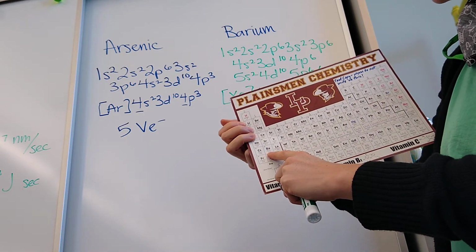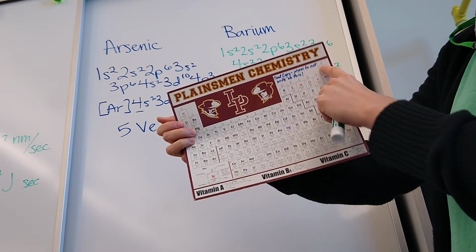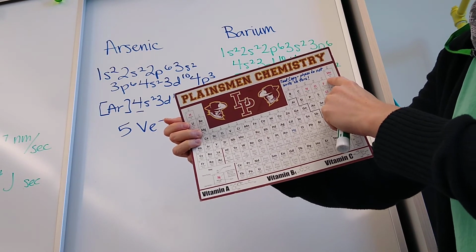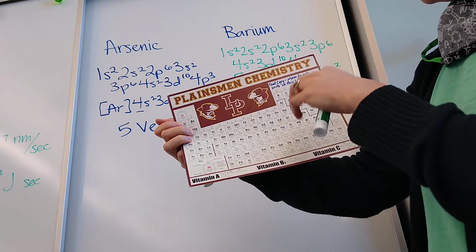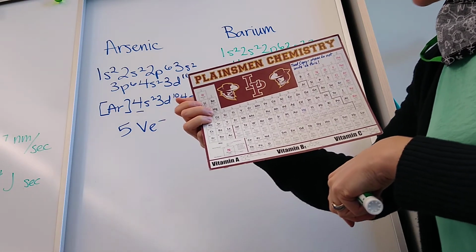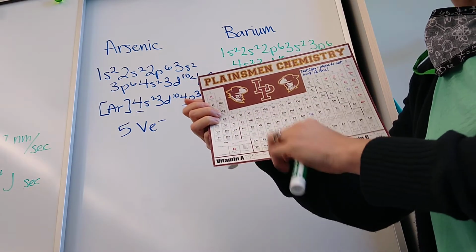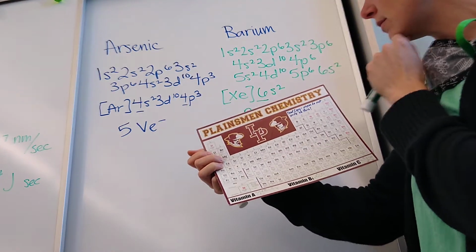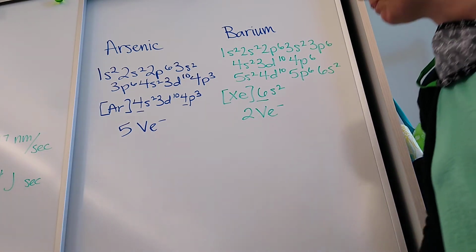Now this works for almost every element. The only one it doesn't work for is helium. 8A, helium only has 2 electrons. It has 2 valence electrons. But for the rest of them, if you look at their A group number, you're going to figure out their valence electrons. Now the transition metals are weird. We're going to get to those later. But right now, just group number with the A is going to be our number of valence electrons.